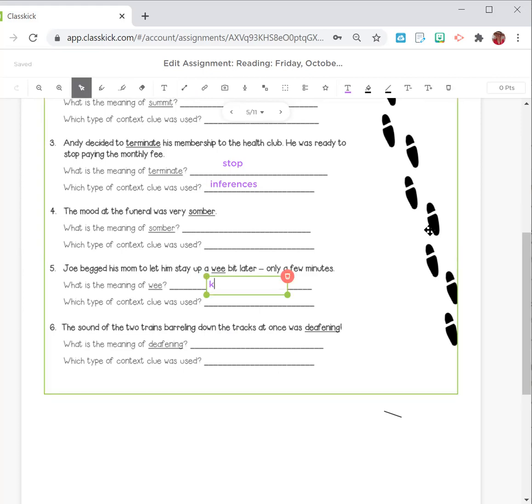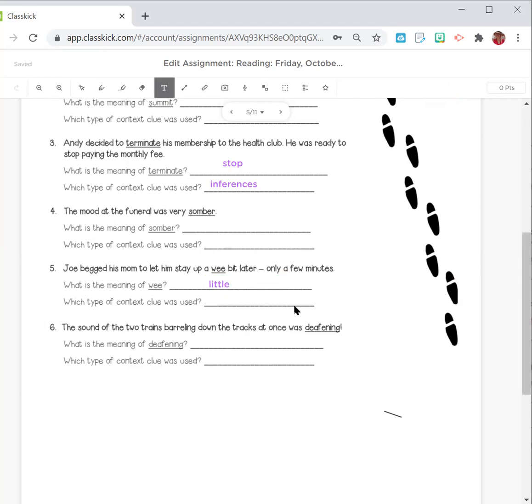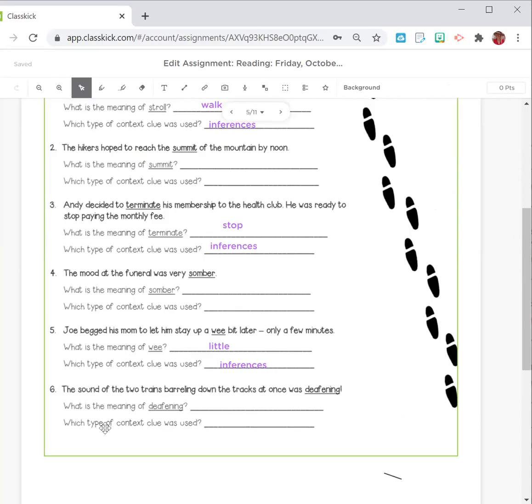So a little bit later. We can use inferences. Go ahead and complete the even numbers, and then we'll move on to the next page.